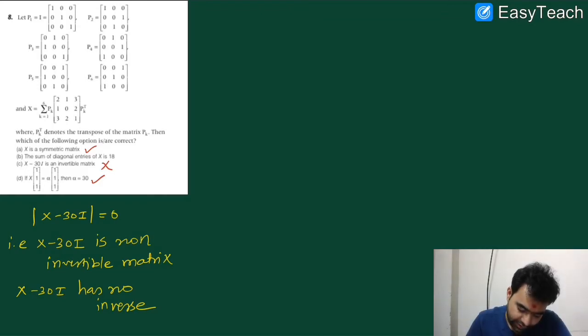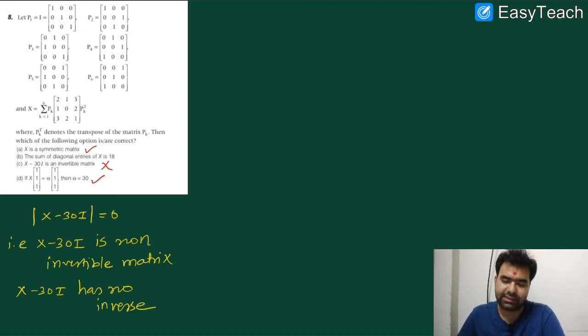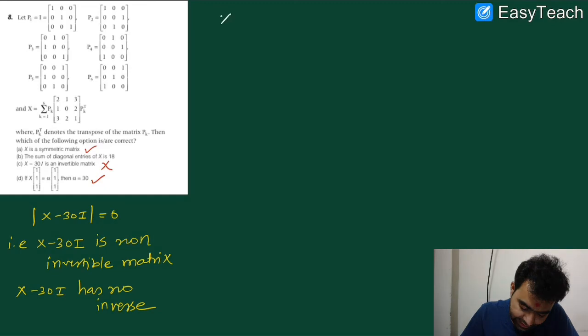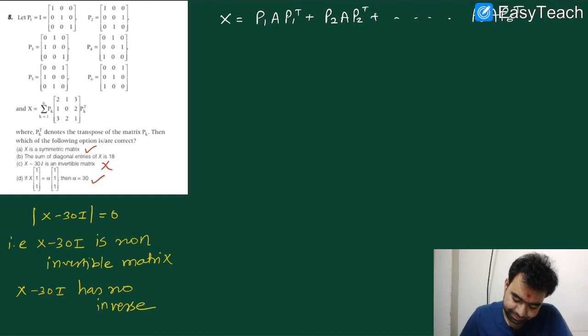Now we have to check the second option, that sum of the diagonal entries of X. Now let us again write X. What is X? P1A P1 transpose plus P2A P2 transpose till P6A P6 transpose. Okay. Now here diagonal entries are called trace.